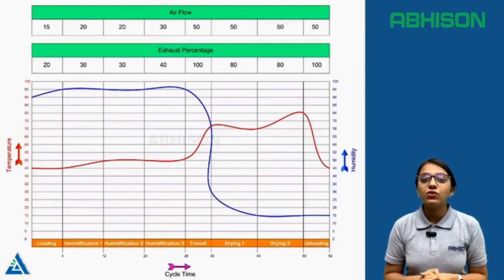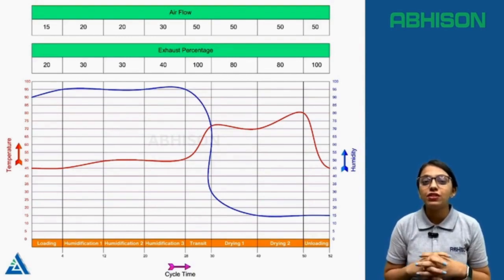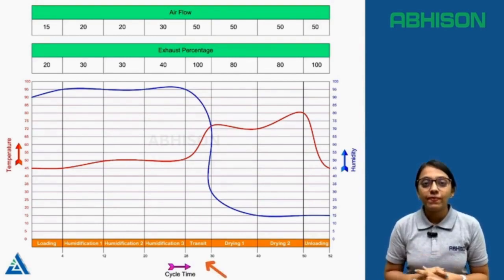Now let's take a closer look at this graph, which illustrates the key parameters involved in the curing process over time. On the horizontal axis, you can see the cycle time divided into different phases, that is the loading, humidification, transit, drying, and unloading. In each phase, different set points can be added.